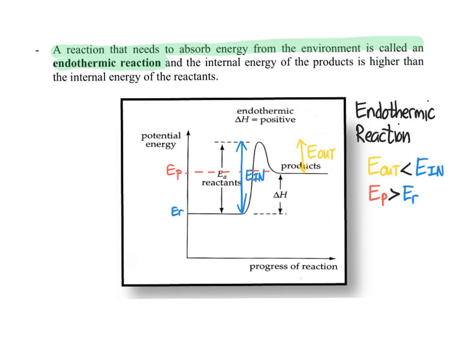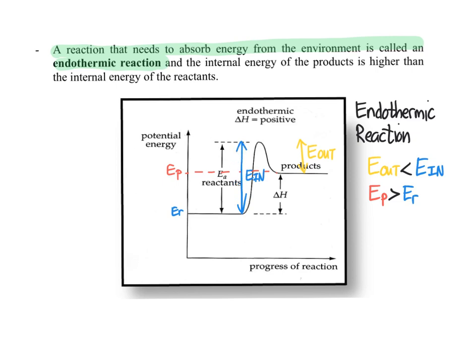There is another class of reaction referred to as endothermic reactions, and endothermic reactions have the characteristic where the energy that is given out in forming the new bonds for the molecules of the products is less than the energy taken in.